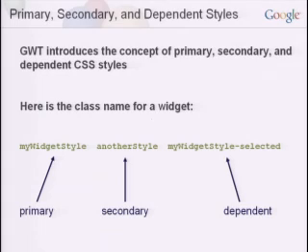So here's a class name for a widget, and when I say this is a class name for a widget, I mean if you actually looked at the HTML and the class attribute, this is what it would look like. I'm not saying this is what you write in GWT. So if you look here, there's my widget style. That's the primary style name. Another style is the secondary style name, and my widget style dash selected is a dependent style.